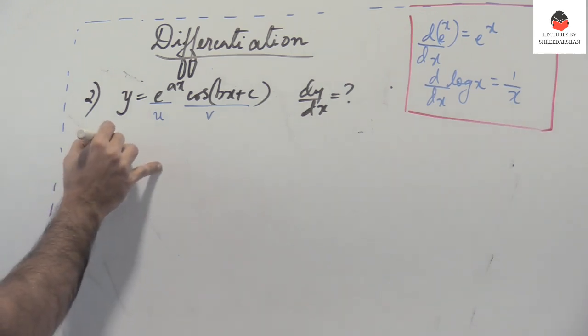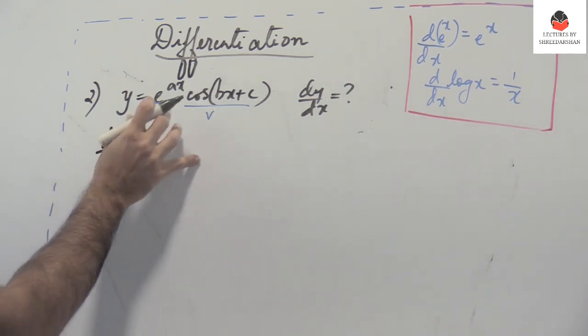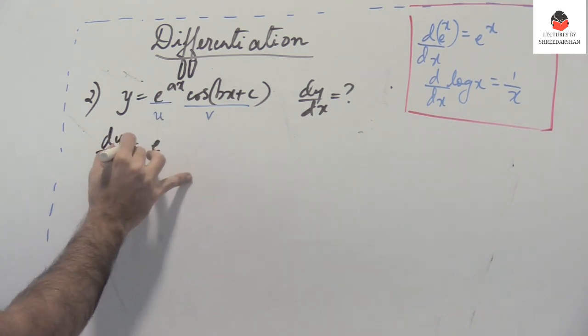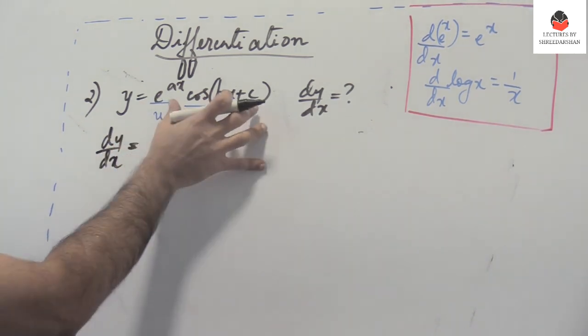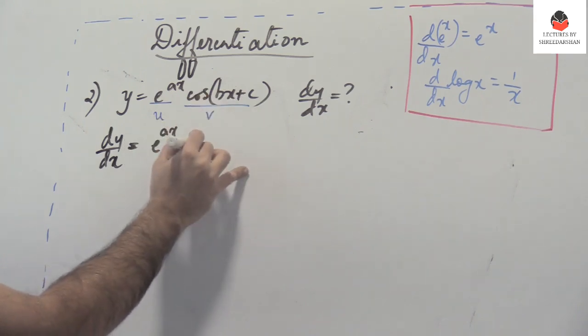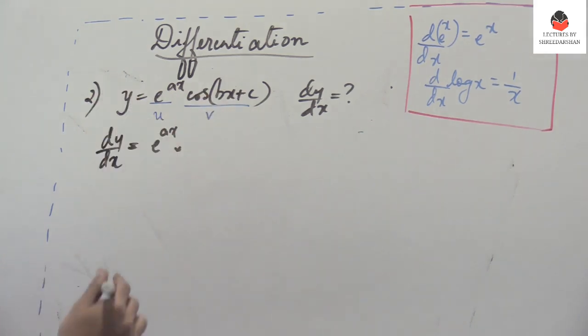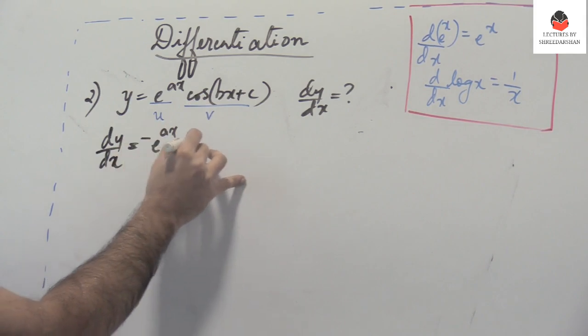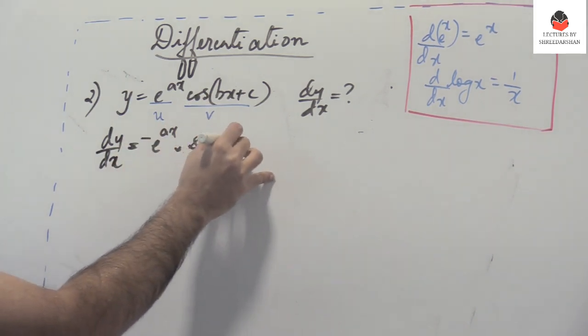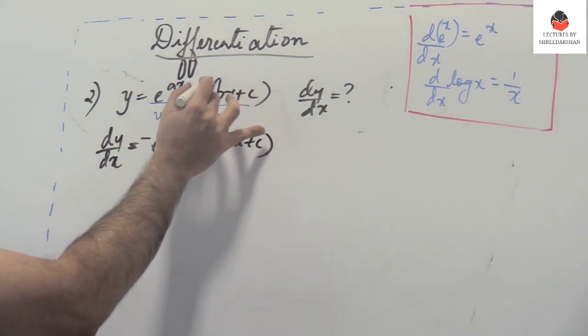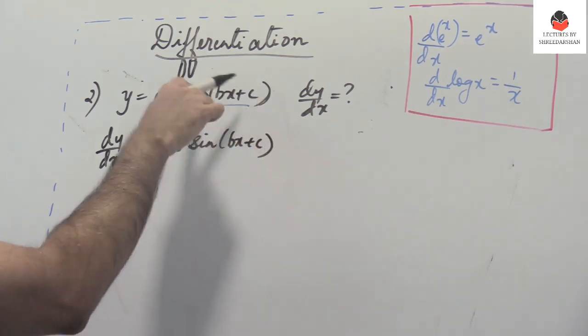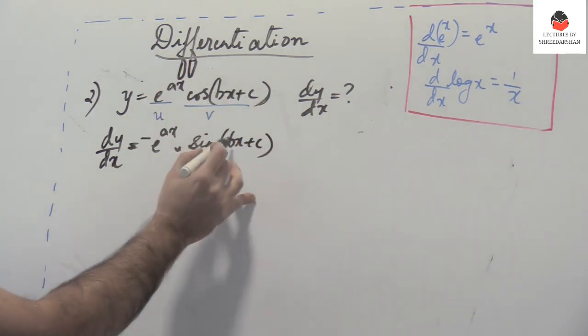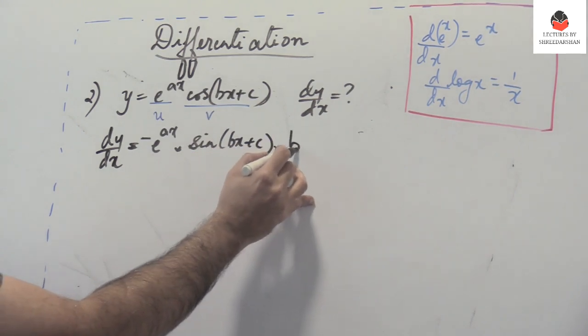So dy by dx equals first function into differential of second function. Differential of cos is minus sine. So I write it as minus sine bx plus c into differential of the term. So instead of x I have bx plus c. So differential of bx plus c is b.